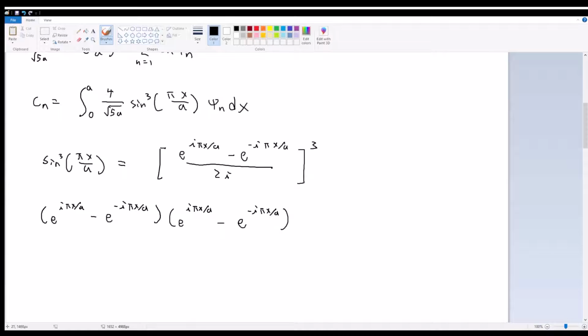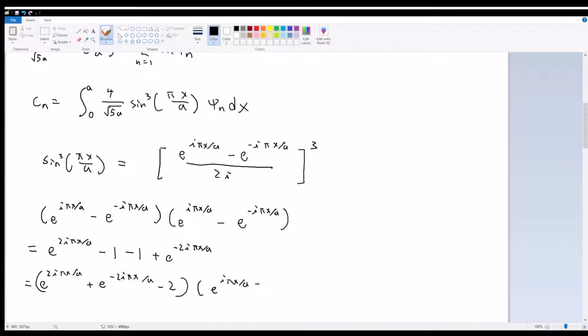If I want to do the squared version of this, this is going to give me e to the 2i pi x over a plus e to the negative 2i pi x over a minus 2. And then if I multiply this by another term of e to the i pi x over a minus e to the negative i pi x over a, what is this going to give me?